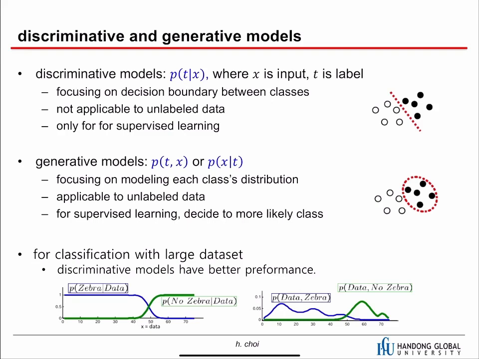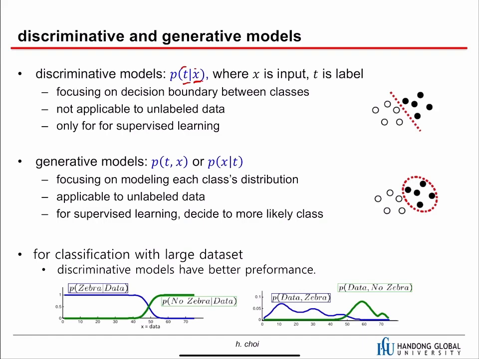So we have X and Y. In this slide, it is T. So we have X and T, and a discriminative model tries to predict the target label T. So given X, we want to model T. It means we want to find a mapping from X to T. Think about classification. If it is an image classification, then the input is an image and the output is one of the classes.